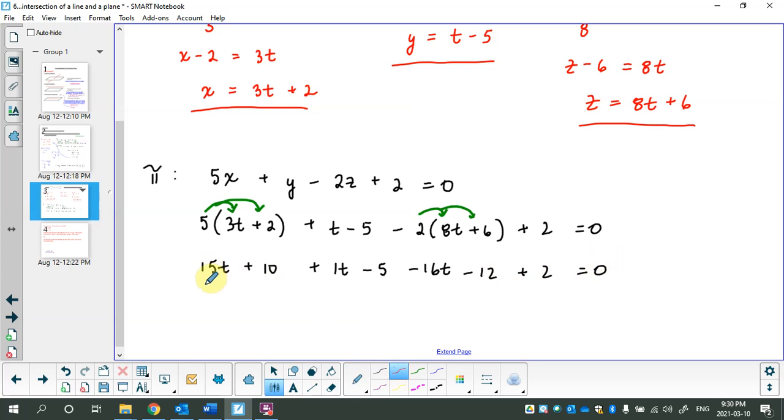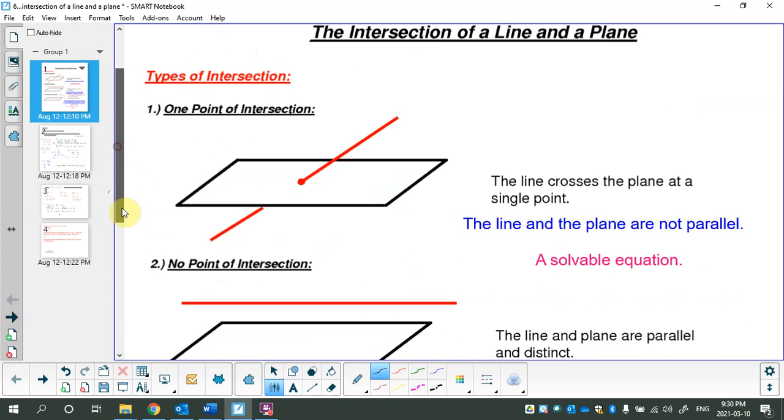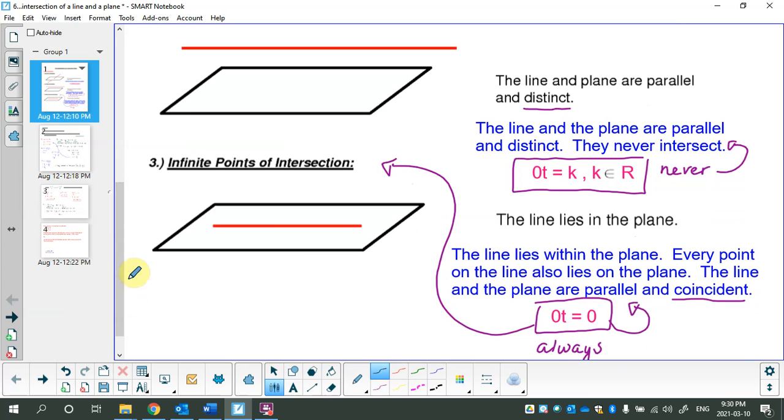So 15t plus 1t is 16t, minus 16t is 0t. So I do have one of these two situations. Now I'm about to collect up the numbers. I'm either going to get this or I'm going to get this.